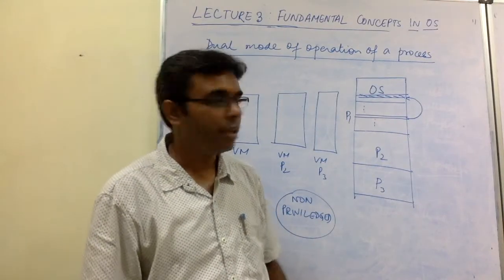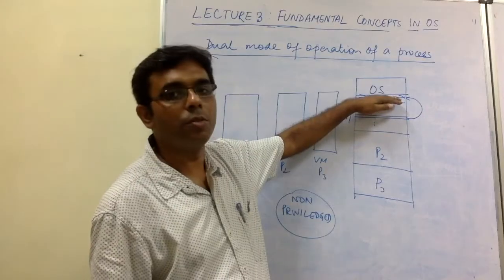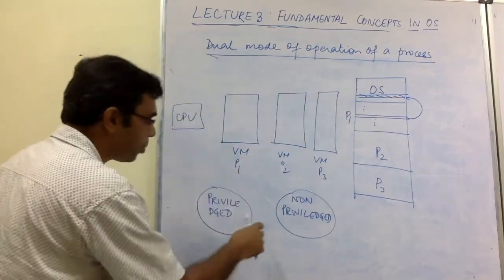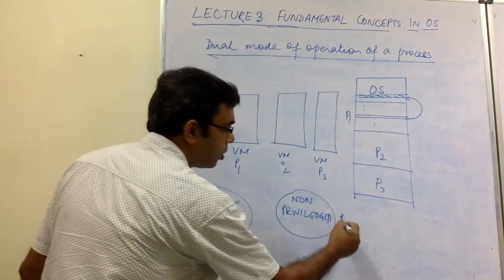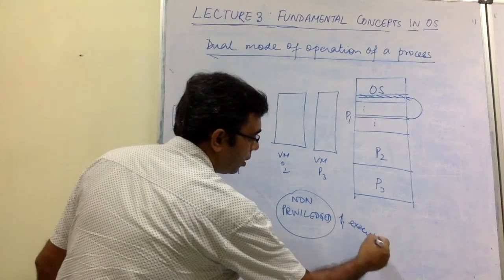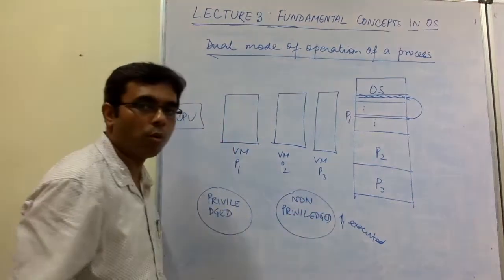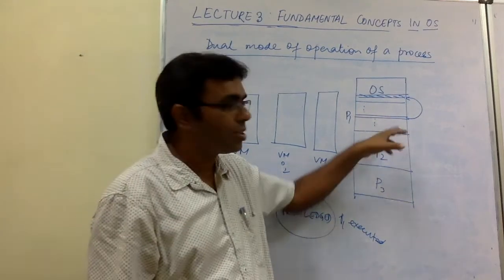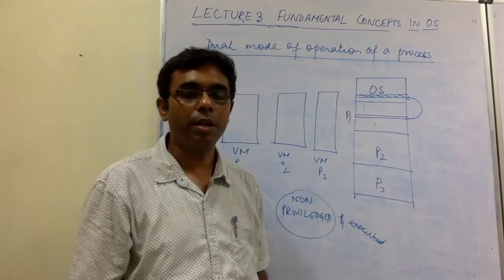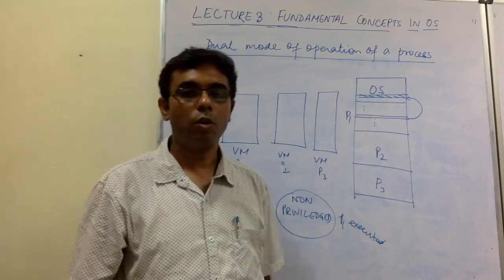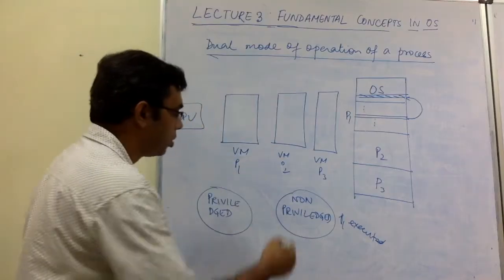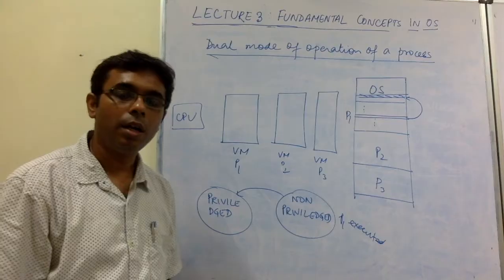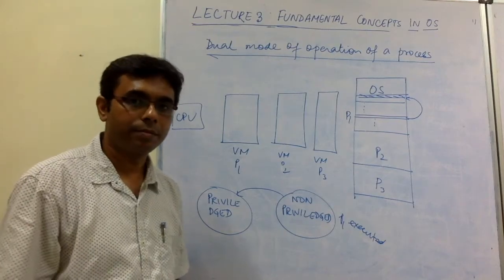So it is better that you allow the OS to execute this code and not the process P1. So when this process P1 was executing, okay, we say that it is a non-privileged mode. And during the time when the particular process P1 wants some privileged instructions to be executed, it transfers the control to the kernel and the kernel executes that.